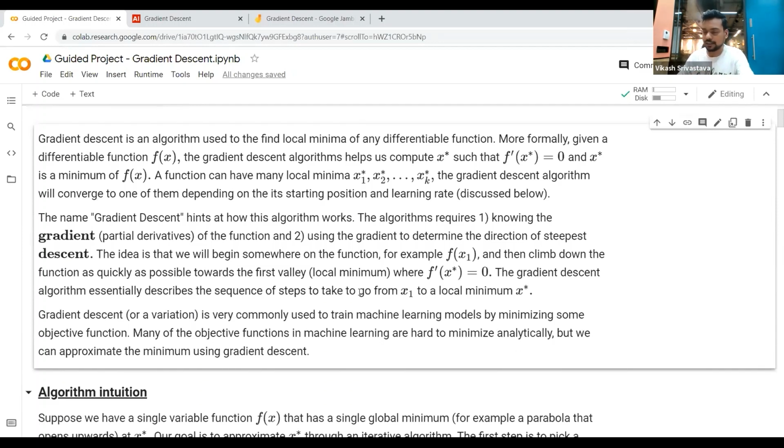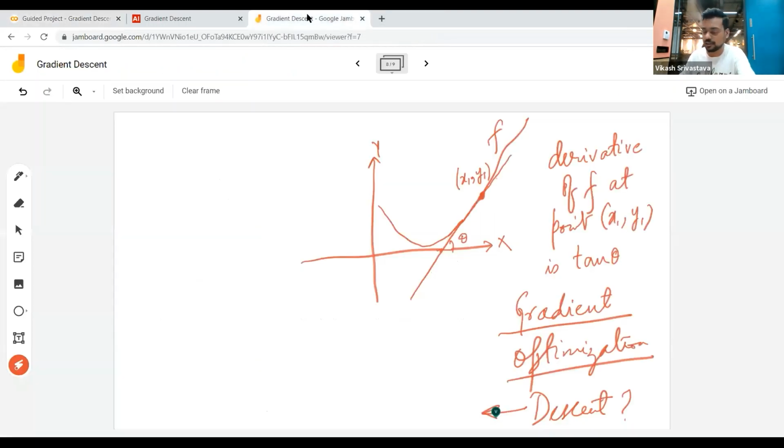But just to give you the linguistic meaning of where this term is coming from: it comes from the verb descent, which is basically to climb down. Let's say you have a function and you start at this particular point.